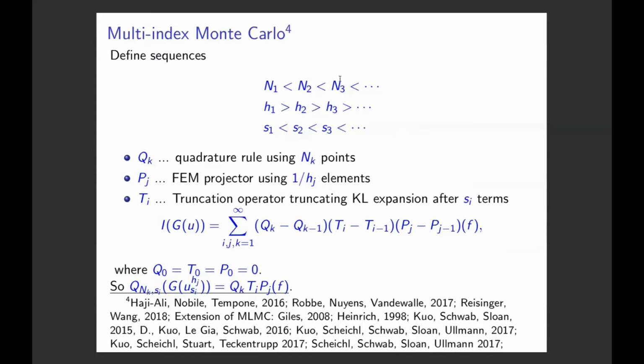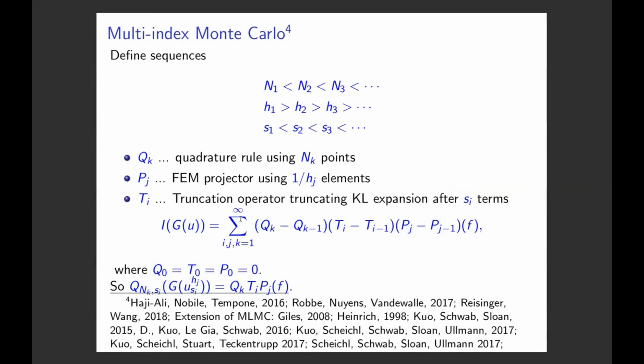Now with these parameters increasing and decreasing, as shown here, we see that we can write the exact solution as this triple sum of these operators, as it is outlined here. We assume that Q0, T0, and P0 are all 0. And so this is a telescoping sum.